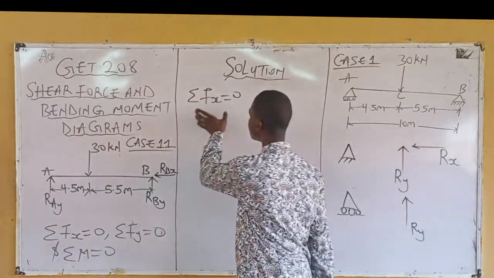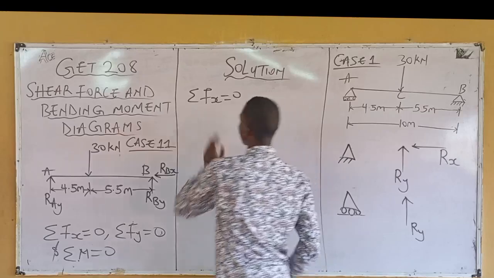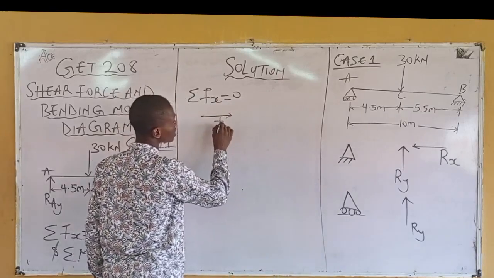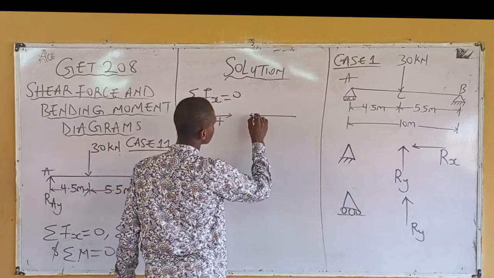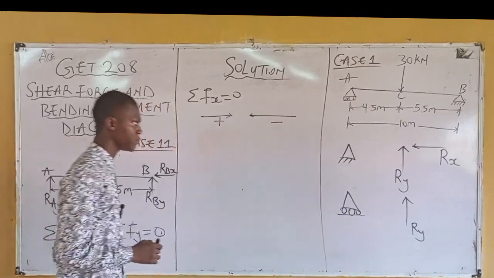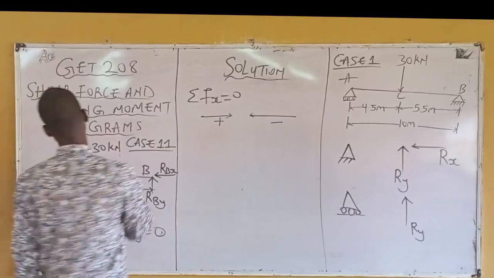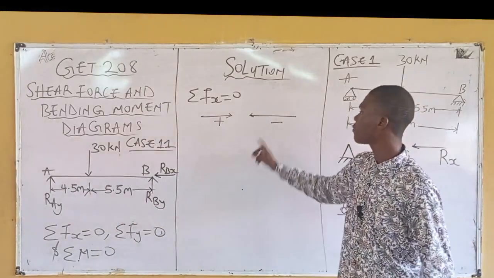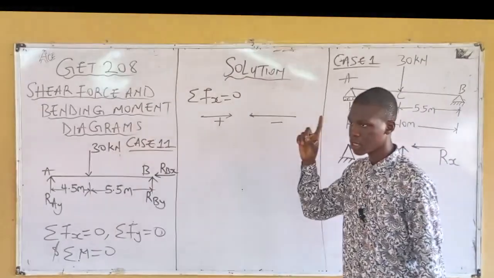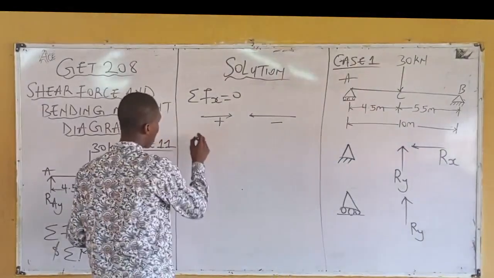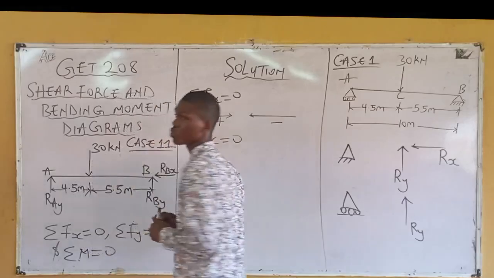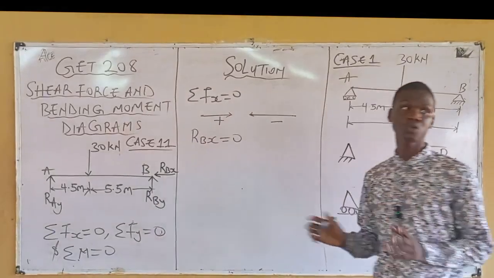Forces of this nature are considered positive, and forces of this nature are considered negative. From your beam, how many forces of this nature do you have? Just one. Meaning that RBX equals 0.